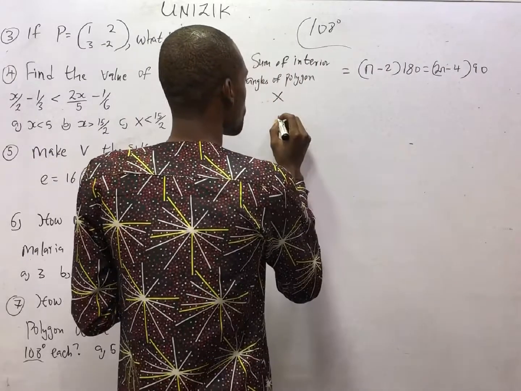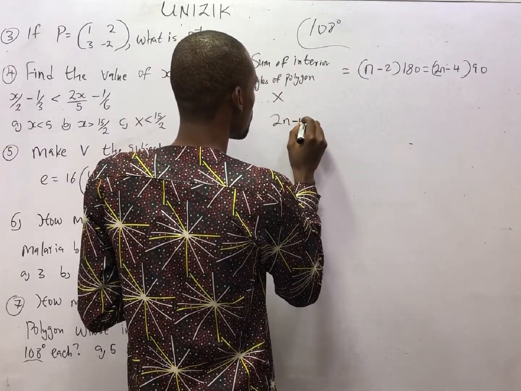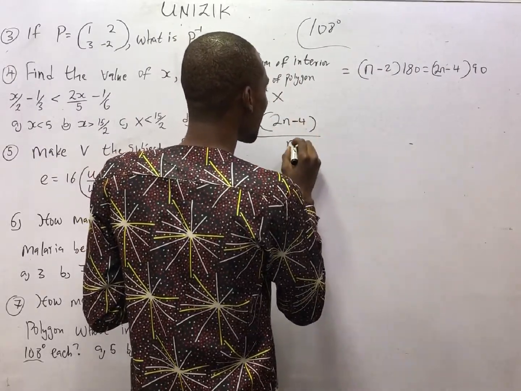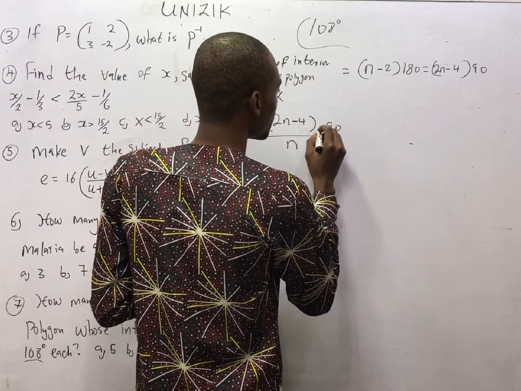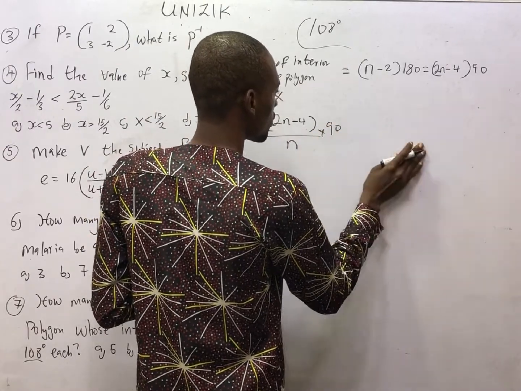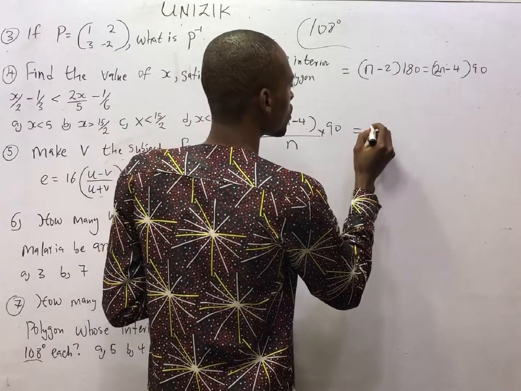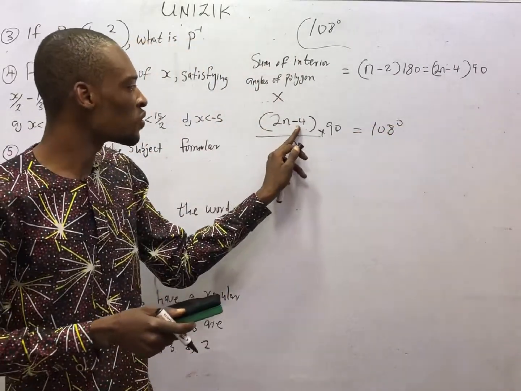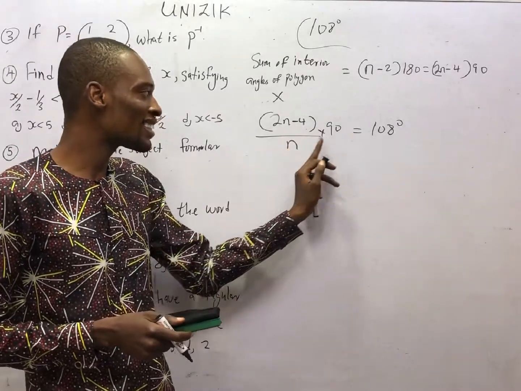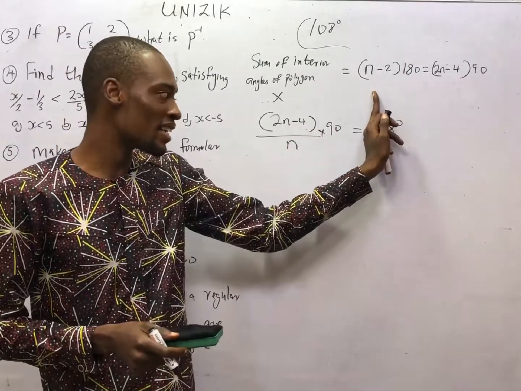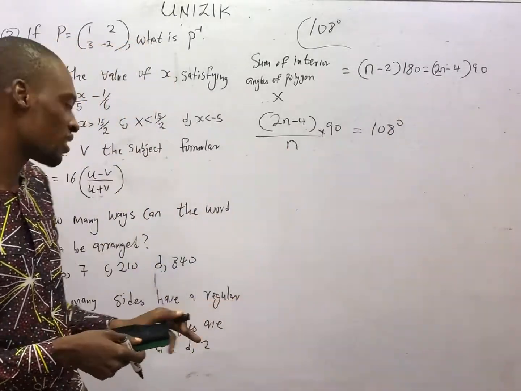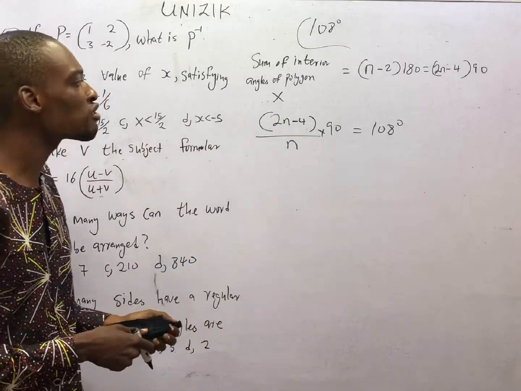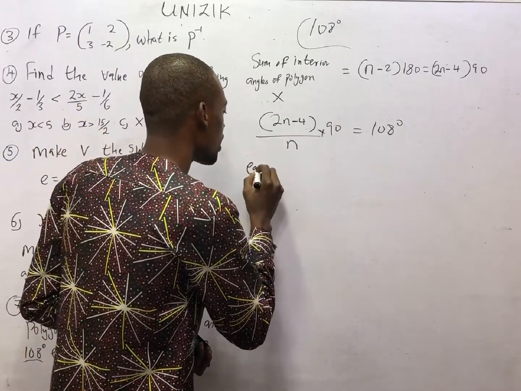you simply say 2n minus 4 over n times 90 is equal to 108 degrees. So 2n minus 4 divided by n times 90 is equal to each of the interior angles.